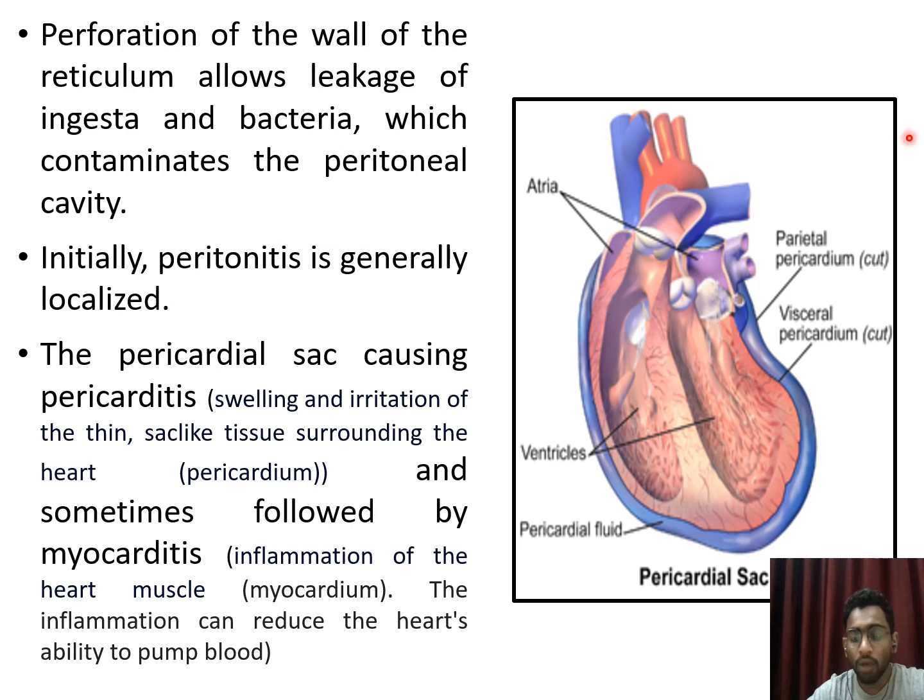The outer is the parietal pericardium and the inner is the visceral pericardium. So when the objects trapped in the reticulum penetrate the wall of the reticulum due to its contraction, they may come out and cause swelling and irritation in this pericardium. So this is the pericardium.